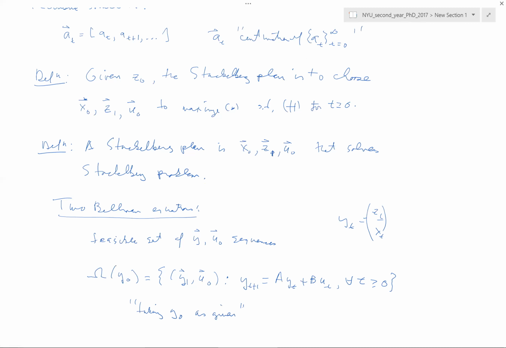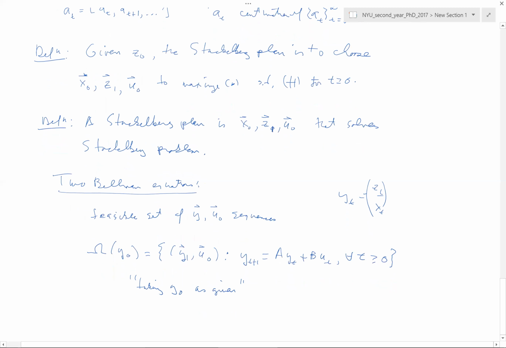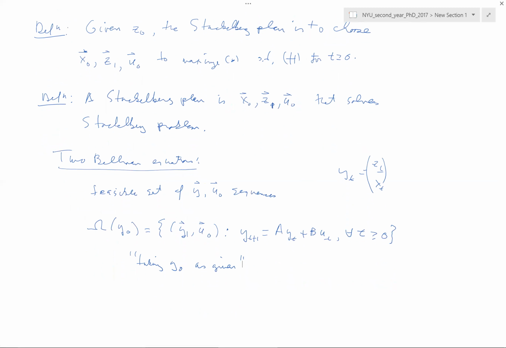And then we have this set of sequences. And now I'm going to define two subproblems. You can say, well, wait a minute, Y0 isn't given in this problem, because Y0 equals Z0, X0.